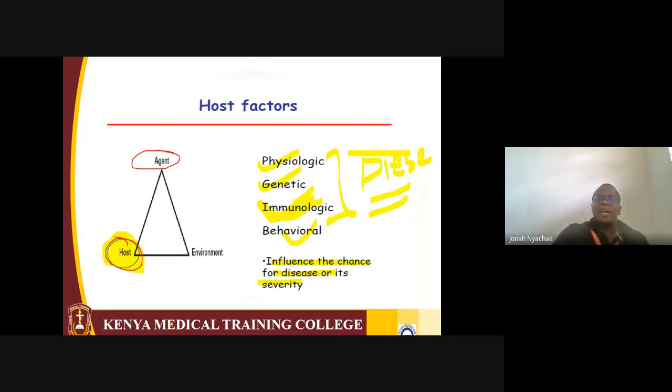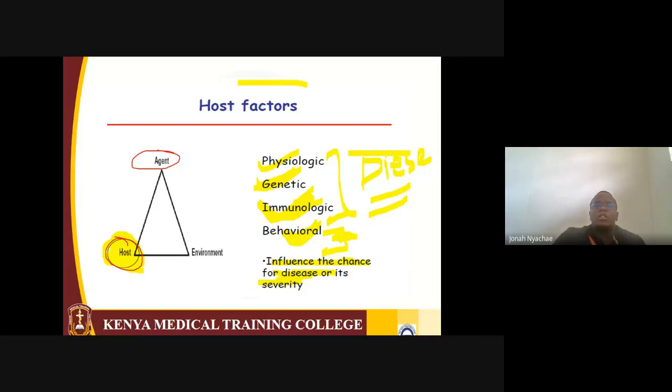The genetic makeup: there are diseases which follow genetic lineage. Physiological, the same, and also your behavior. For example, some people may involve themselves in high-risk behavior, which will influence their chance of contracting a disease. Let's say it is an STI. If a person has multiple sexual partners, that will influence the chances of getting a disease.